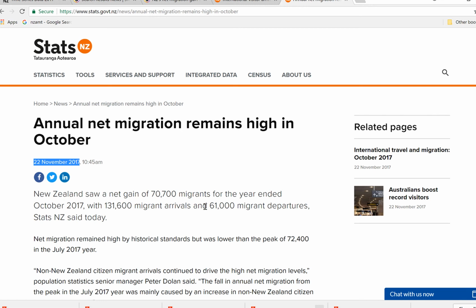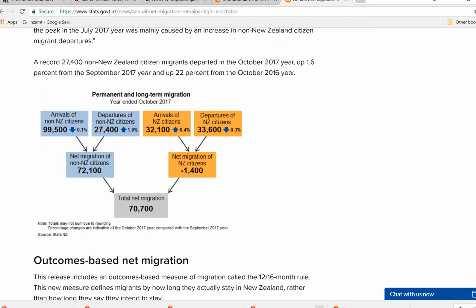So the key thing was that, and I'm going to put these figures down. There were 99,500 arrivals from non-New Zealand citizens.